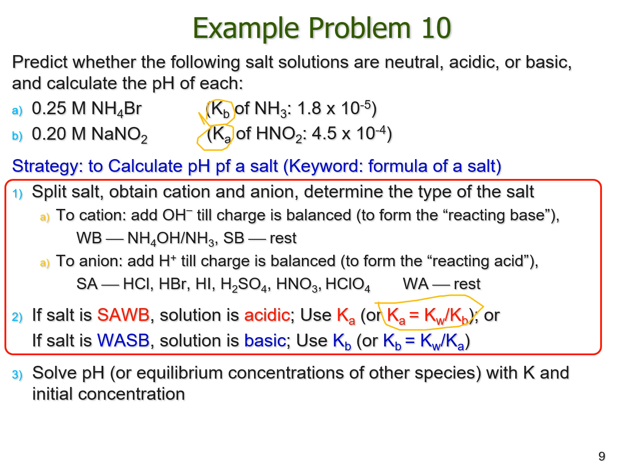But the first two steps are what is unique for salt. We cannot skip these two steps, because the first step will tell us what kind of salt it is. And from the kind of salt, we need to determine which K we want to use. Is that going to be Ka or is that going to be Kb?